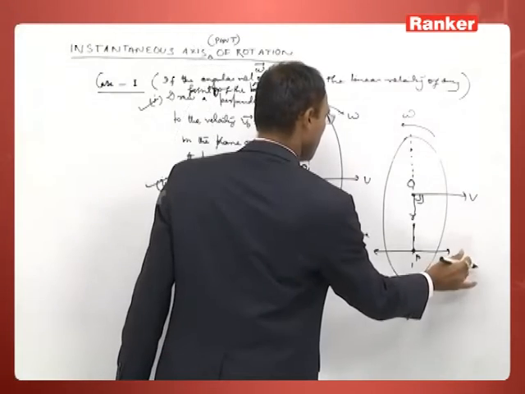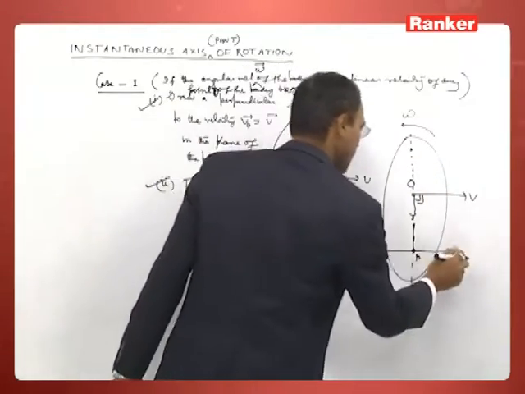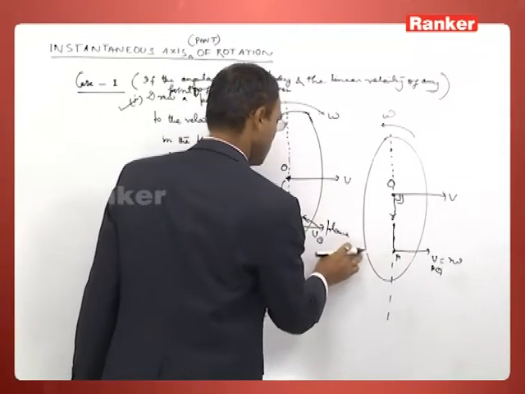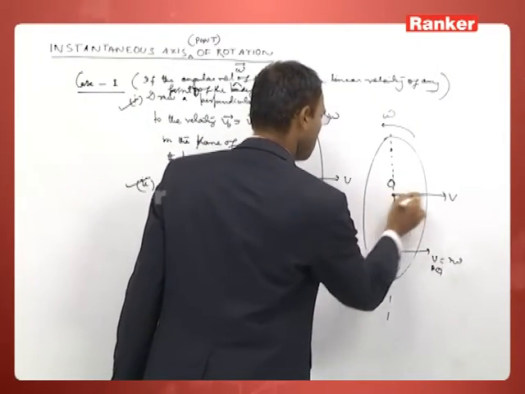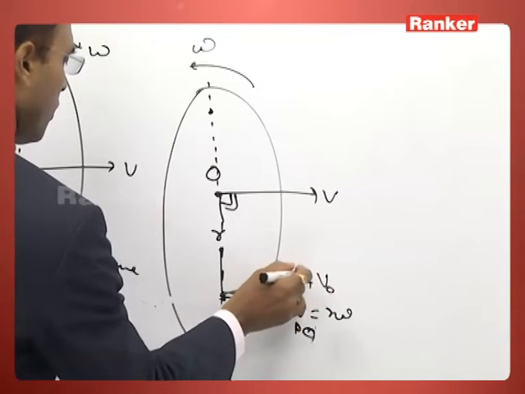You are getting VPO in which direction? Since it is spinning in this way, this point moves in this direction with the speed r omega, and bring the tail of the velocity vector VO to this point.